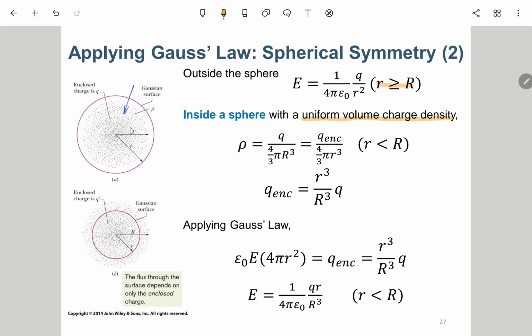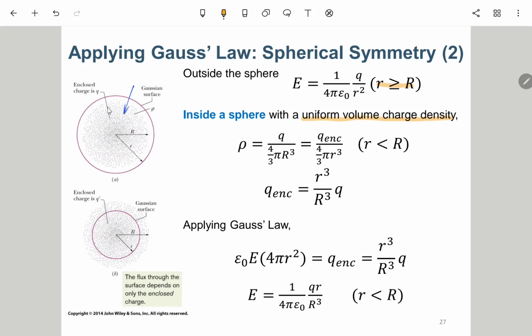Q will be the total charge here. So it actually looks like all the charge is concentrated at the center. You can understand it simply by the shell theorem.